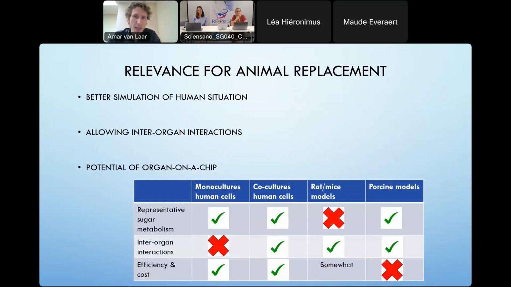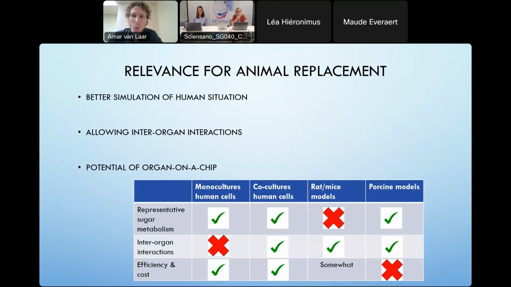If we now take a look at the potential to replace animals, I would like to take a look at the table below. And here you can see that human cells, so we were using cells from human origin, have a sugar metabolism that is at least sufficiently similar to human sugar metabolism.